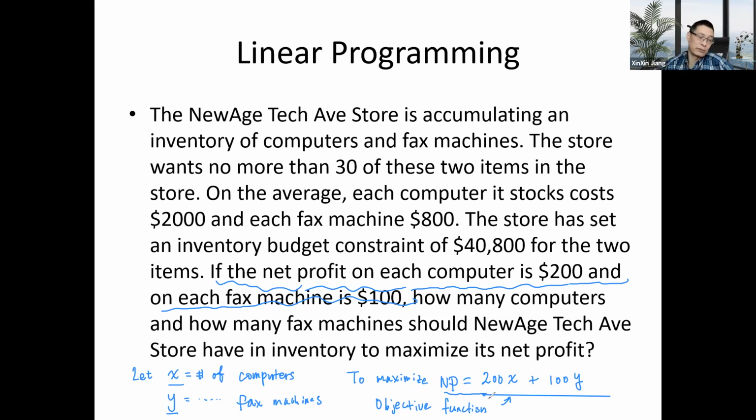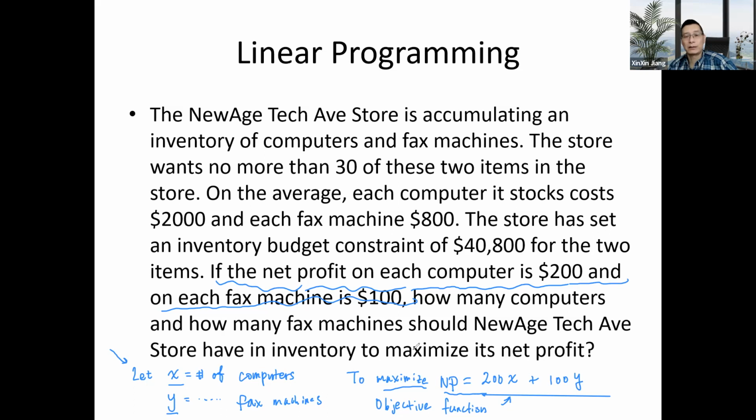So you set up variables and then get the objective function. I want you to write it like that. Starting from "let" and then "to maximize." Please write these things. If you want to minimize, you write minimize cost C as a function of X, Y.